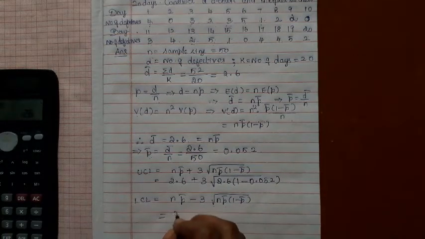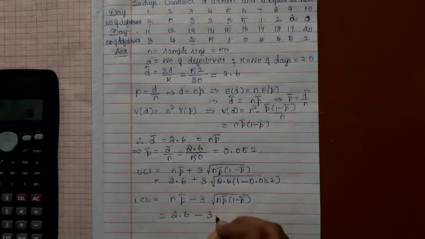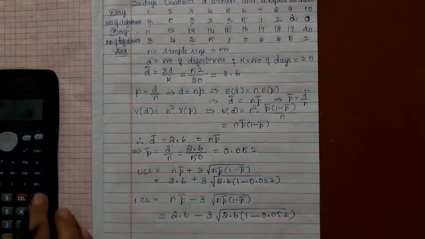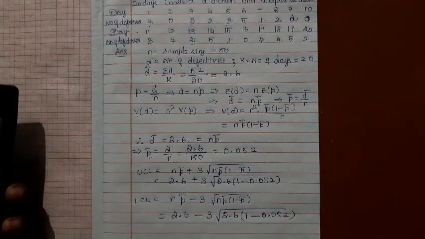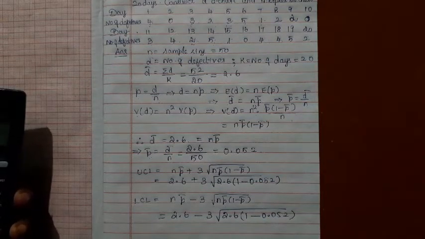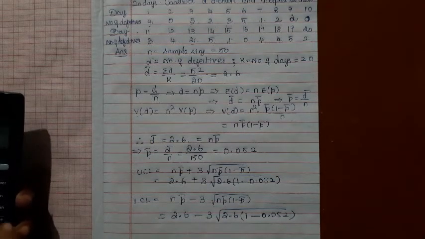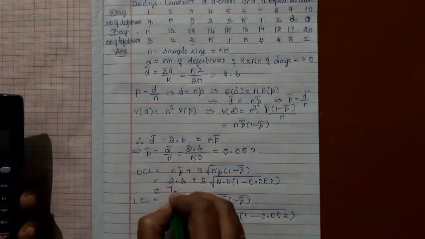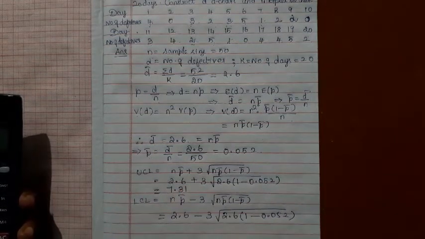Here LCL is 2.6 minus 3 into square root of 2.6 into 1 minus 0.052. Let us compute these two limits. 2.6 into 1 minus 0.052, take root, into 3, plus 2.6, I get 7.31 here.